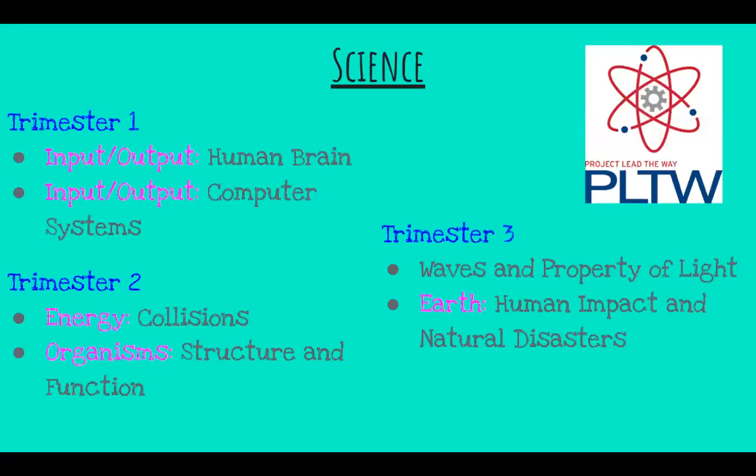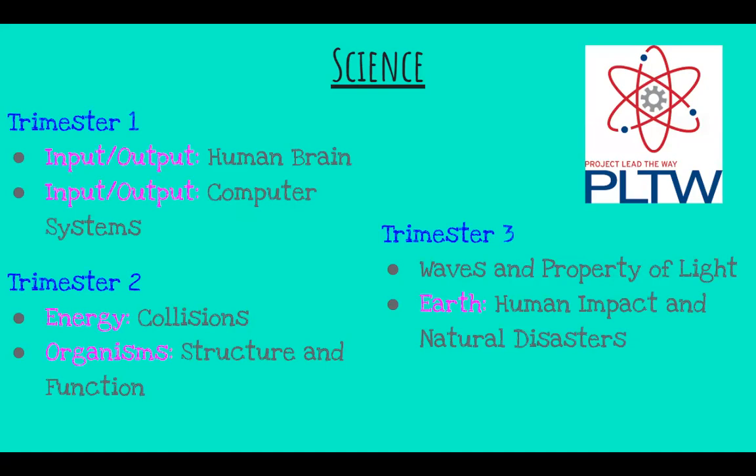So our science curriculum consists of the PLTW, which is Project Lead the Way. As you know, we are divided into 3 trimesters at the elementary level. During our 1st trimester, our emphasis is on input-output of the human brain, and then we will switch into input-output computer systems.